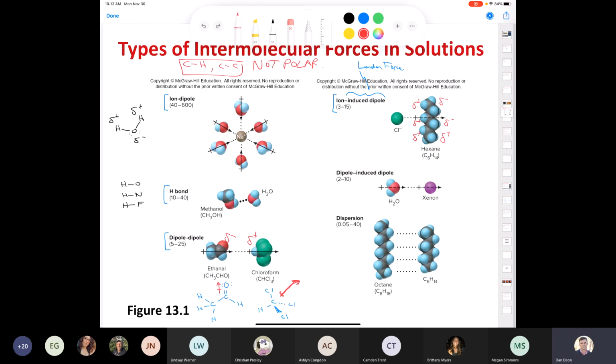The next one is a dipole and an induced dipole. For example, how soluble is xenon, which is a noble gas, in water? Well, xenon has an electron cloud, and if you look at the noble gases, xenon is down in the 5th period, so it's actually pretty big, okay?